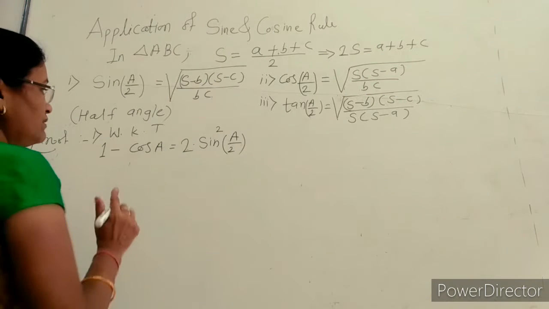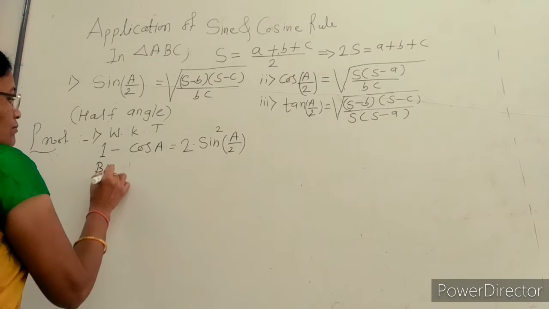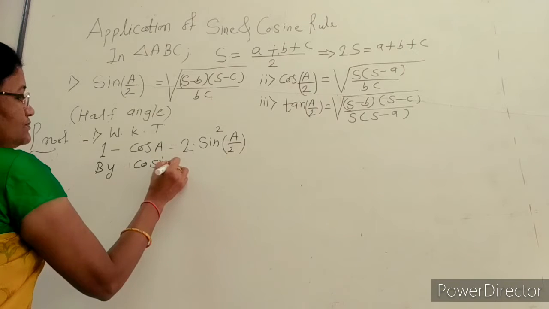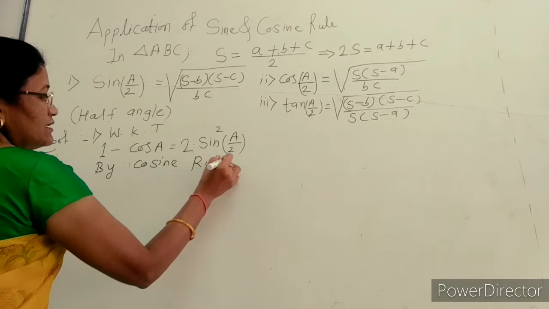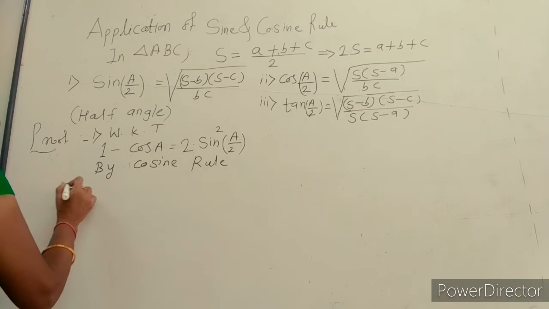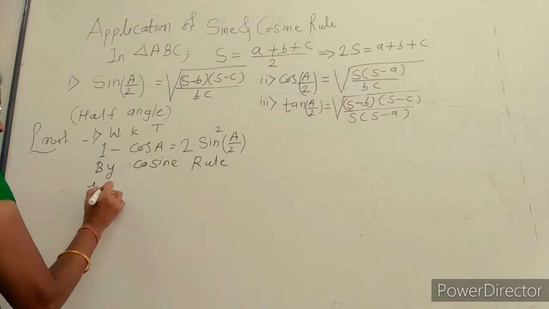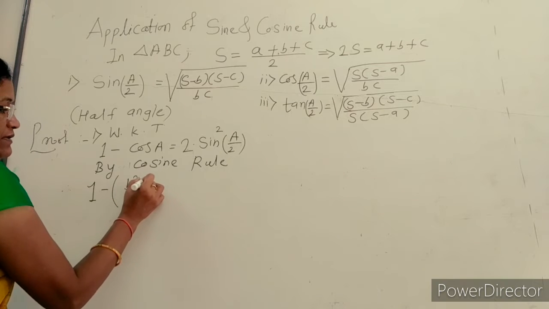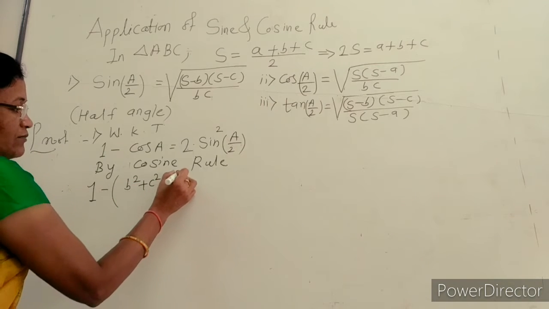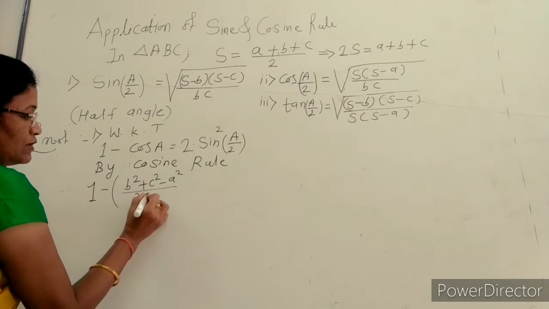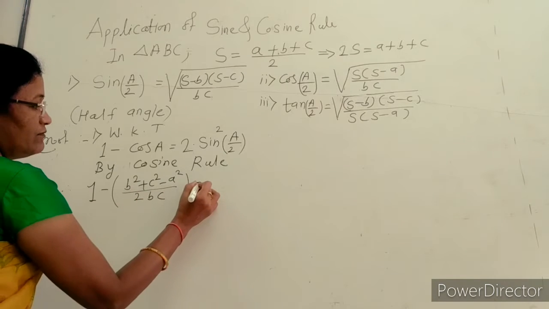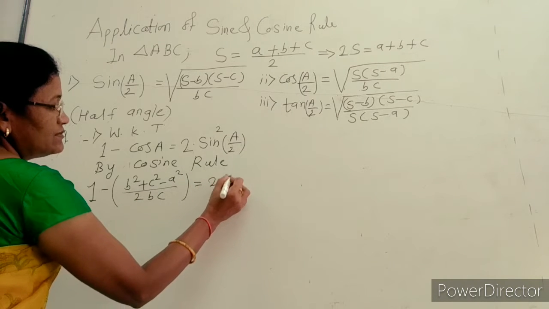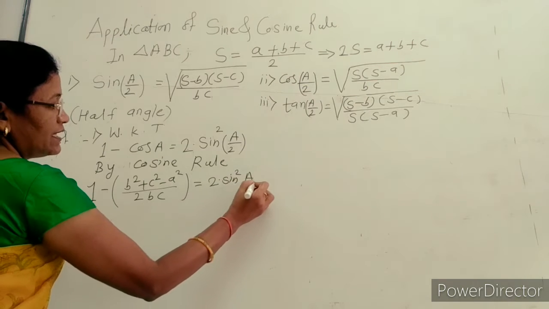How do we simplify this? By the cosine rule, we take a special application of the cosine rule. With the help of this we find the value of cos A, that is (b square plus c square minus a square) upon 2bc. So 1 minus (b square plus c square minus a square) upon 2bc is equal to 2 times sine square A by 2.